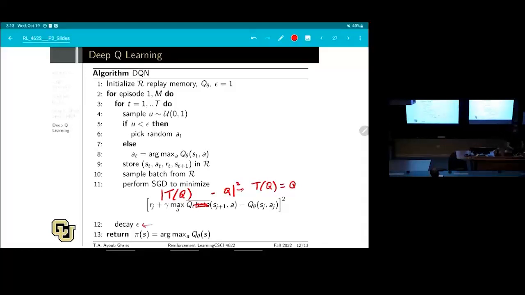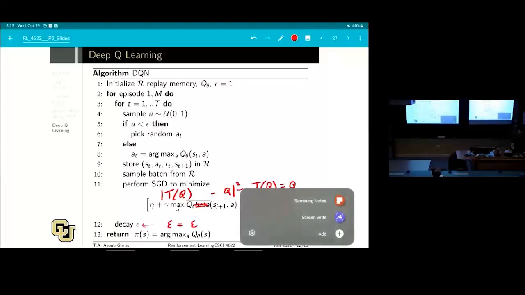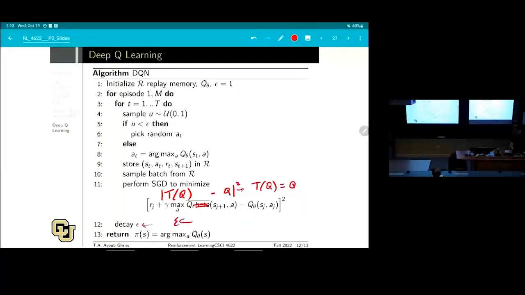So epsilon takes epsilon minus something, let's say minus alpha, but then you make sure that this is at least the maximum between this and some bound, usually like 0.1 or 0.2. I mean, these are hyperparameters, so it depends on the environment you have, the size of the neural network, and other things. And at the end, you return the greedy policy associated with Q.